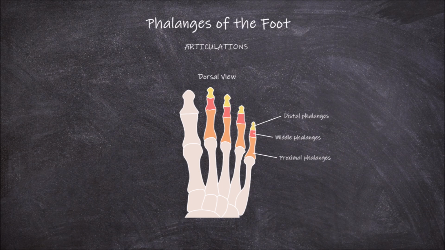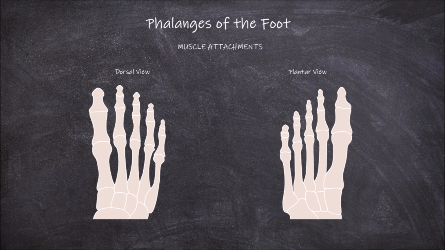Each of the 5 distal phalanges only articulates with a single other bone. The first distal phalanx articulates with the distal surface of the head of the first proximal phalanx. The other 4 articulate instead with the distal surface of the head of the corresponding middle phalanges on the 2nd through 5th digits. Let's now look at the different muscle attachments these bones have.